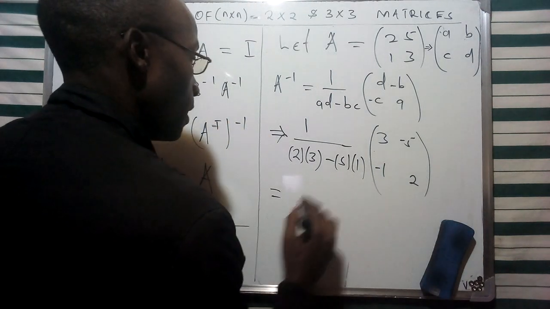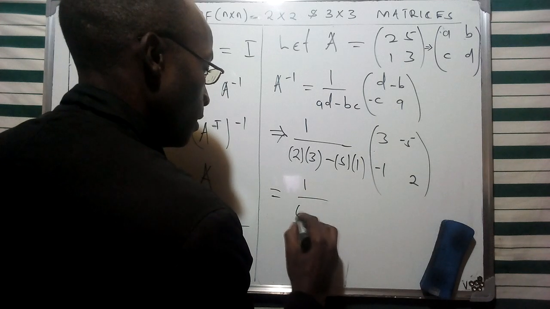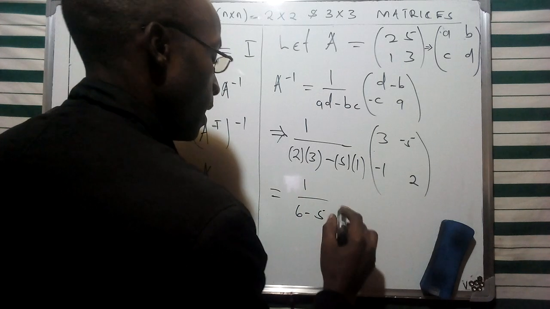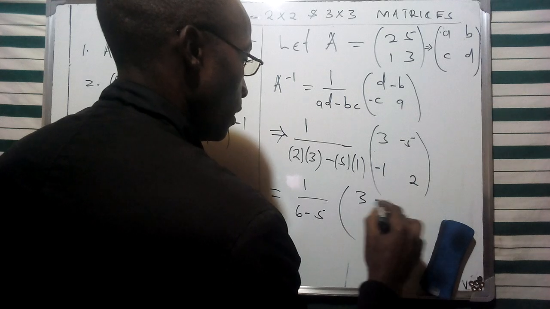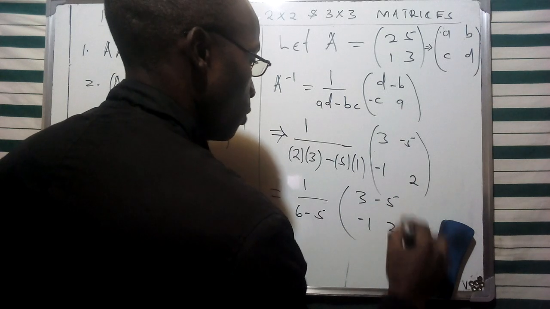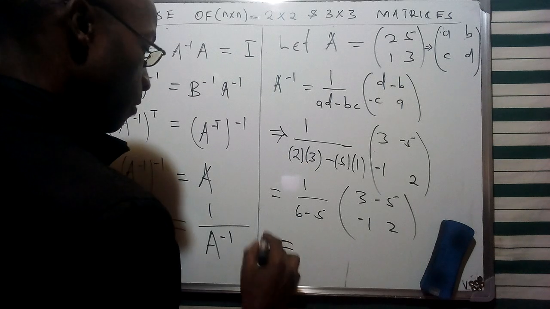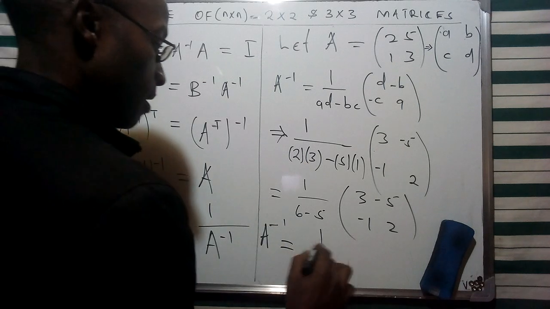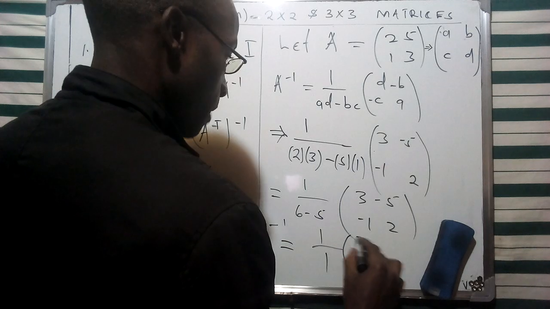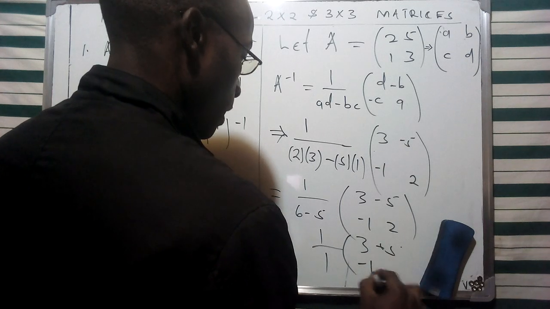So this implies that this is 1 over 6 minus 5, and then this is the matrix 3, negative 5, negative 1, 2, and then this is 1 over 1, and therefore we're going to have this matrix multiplied by 3, negative 5, negative 1, 2.